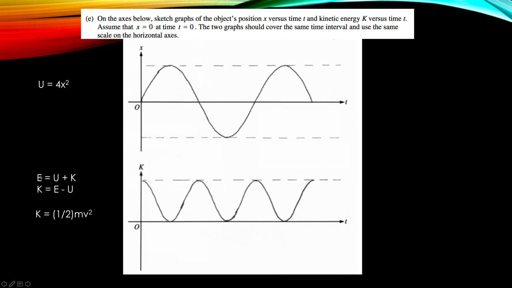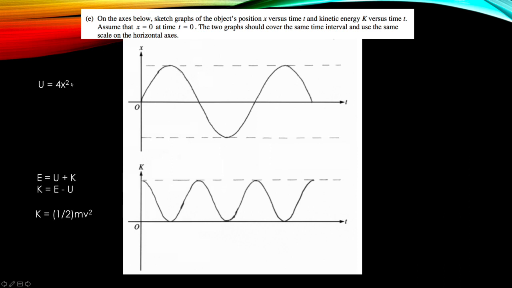And remember, energy is constant. So if there's no potential energy, kinetic energy is going to make up all the energy. It's going to be at its maximum when x is equal to 0. So at every point you see right there, and right here, you want to make sure that kinetic energy is at its maximum. Where kinetic energy is going to be at a minimum is when x is at its maximum.